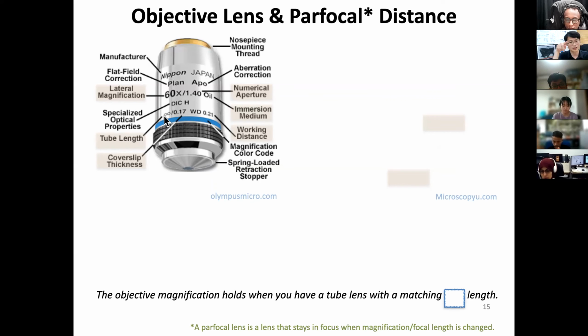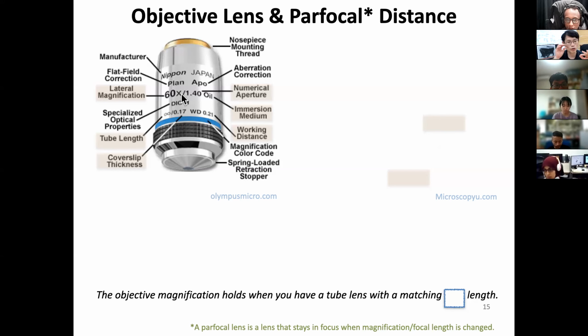You see the infinity mark. That means this is basically an infinity corrected microscope. It has to be used as a 4F system. It has to have a tube length. Okay, that's why it says tube length is infinity corrected slash 0.17. This number is also important because typically your sample should have a cover slip on top. And that cover slip thickness is 0.17 millimeter or 170 micrometer.